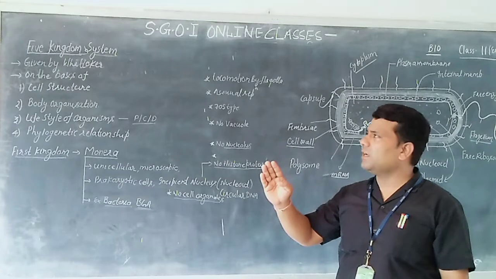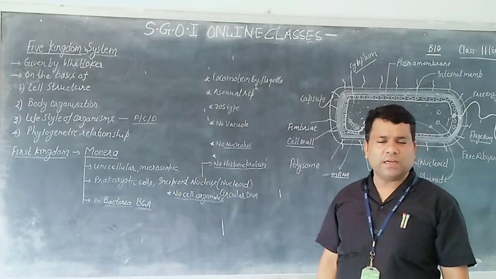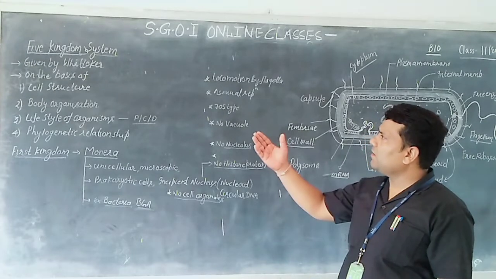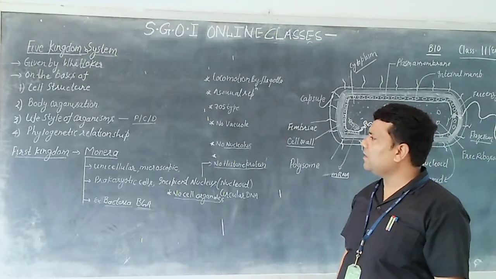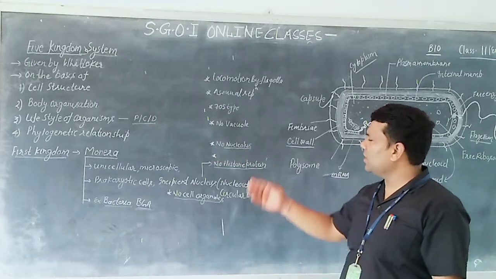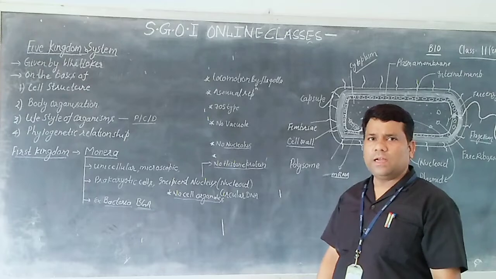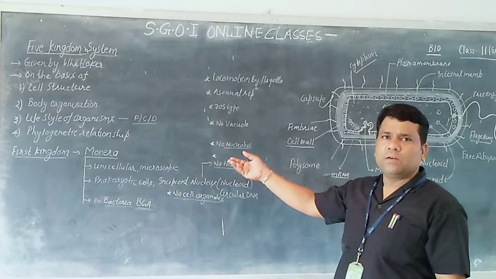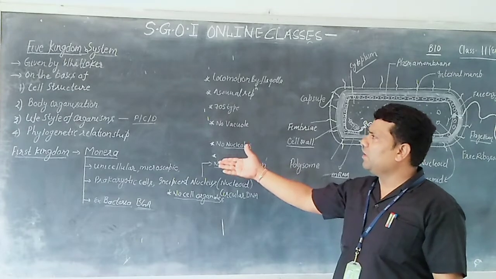So today I am going to explain the Whittaker five kingdom system and his first kingdom, that is known as Monera. Okay, so listen carefully, watch the video and learn everything.